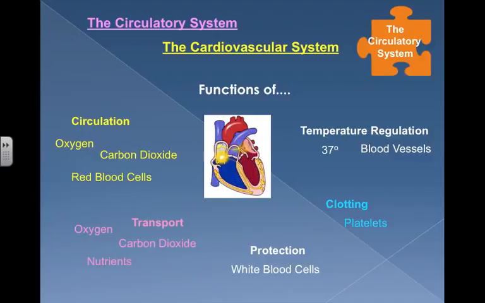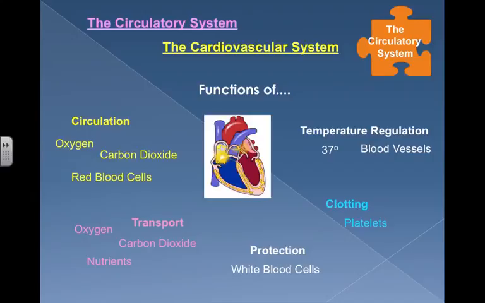The used blood, or the deoxygenated blood, then travels along veins back towards your heart. Your heart pumps this blood back to your lungs, where carbon dioxide is breathed out, and when you breathe in again, the blood picks back up fresh oxygen and the cycle starts again.